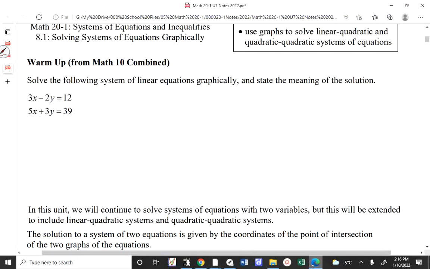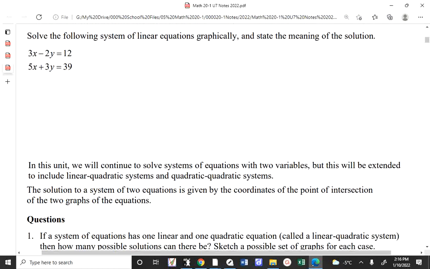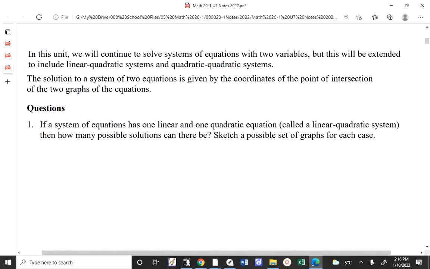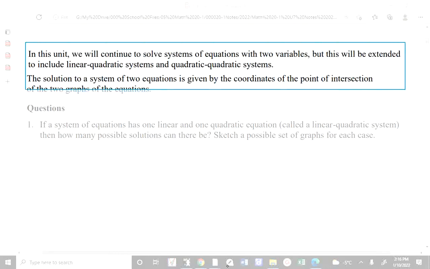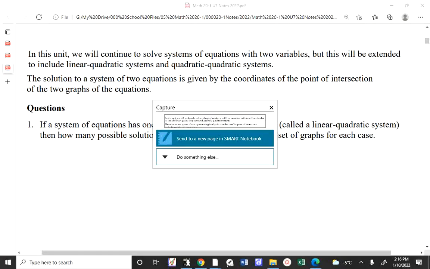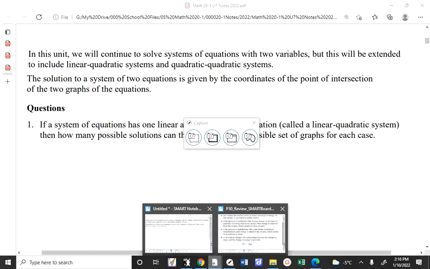Okay. So, what we're going to be doing in this unit is continuing to solve systems of equations, but the one we just solved had a linear equation and a linear equation. They're both linear equations because when we graph them, we get lines. We're going to be solving systems of equations that are called linear quadratic systems and quadratic systems. What does this mean?